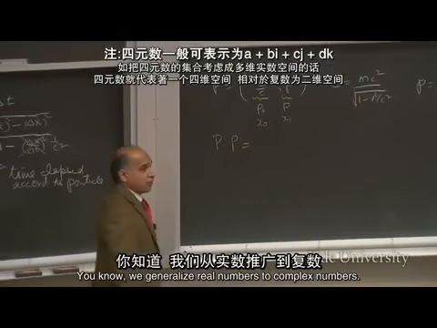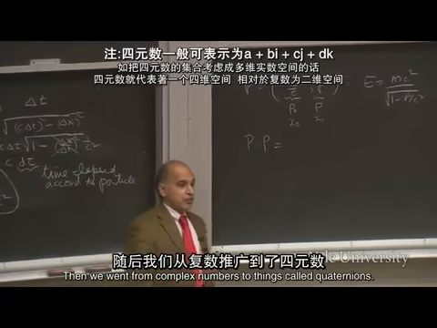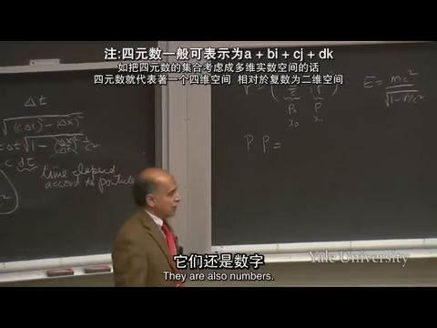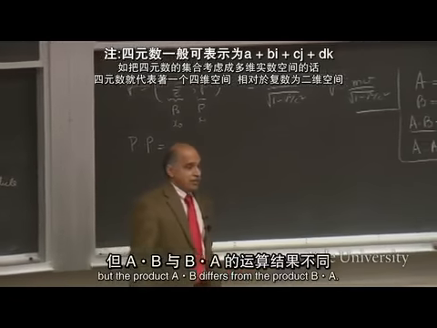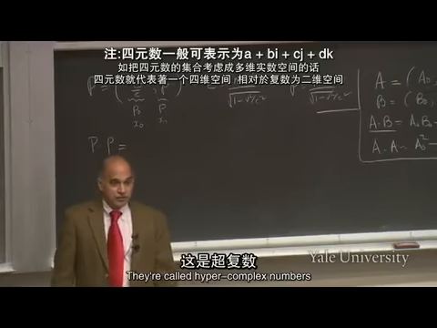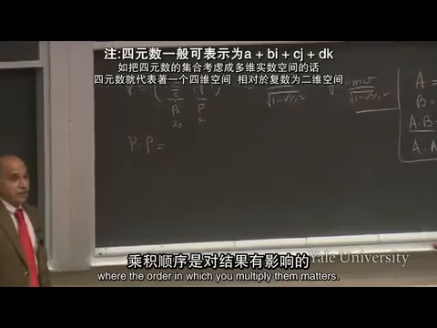You know, we generalize real numbers to complex numbers. Then we went from complex numbers to things called quaternions. They are also numbers. You can multiply them by each other, but the product AB differs from the product BA. So they are called hypercomplex numbers where the order in which you multiply them matters.